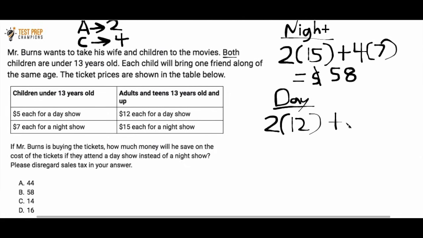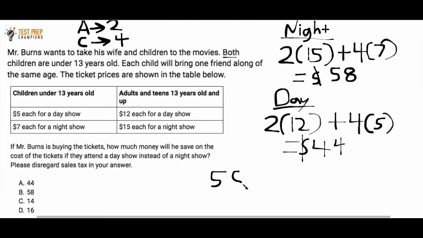And we're going to now add the cost that he's going to pay for the children. So again, we have 4 children still, and the cost for one child would be $5. All right, so again, we can plug this in the calculator, do 2 times 12 plus 4 times 5, and we'll get $44.